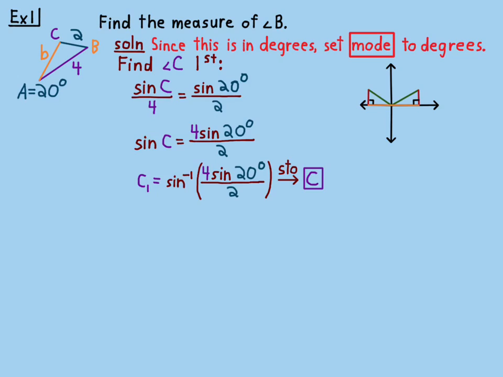So what I'm thinking of is this picture in the plane. I've got the sine of something, and the 2 sine 20 degrees is a positive number. So I know it's in the upper half plane. The arc sine, or the inverse sine, is always in the right half plane. So that's going to give me this one. But there's still this other one, which is going to be pi minus this one.